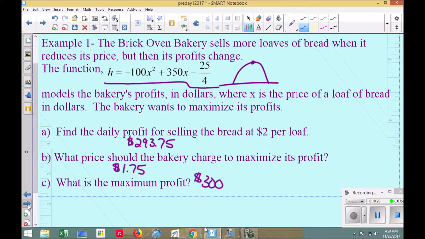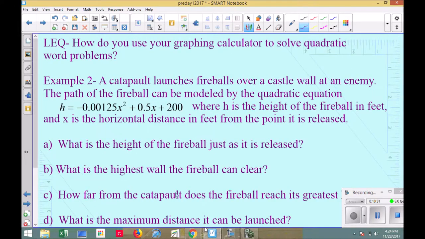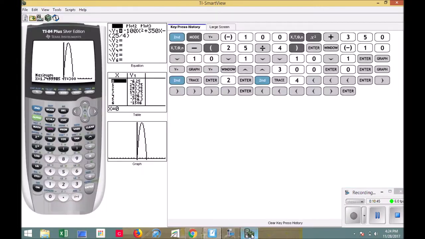Okay, so now let's try this equation. We also did this one previously. We have this catapult. So I'm going to go ahead and enter that equation into my y equals in the calculator. So I'm going to go back to y equals, and I'm going to clear that. That's the easiest way.